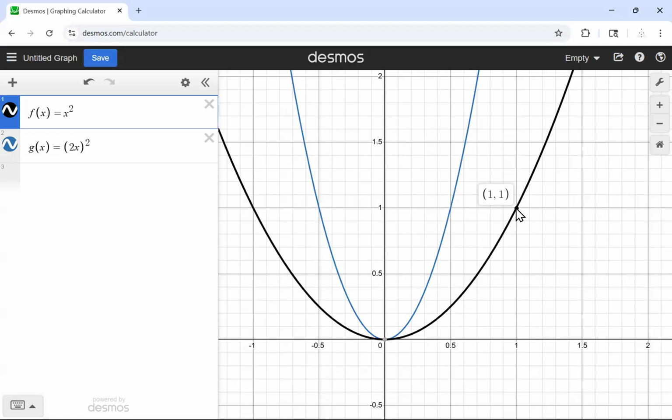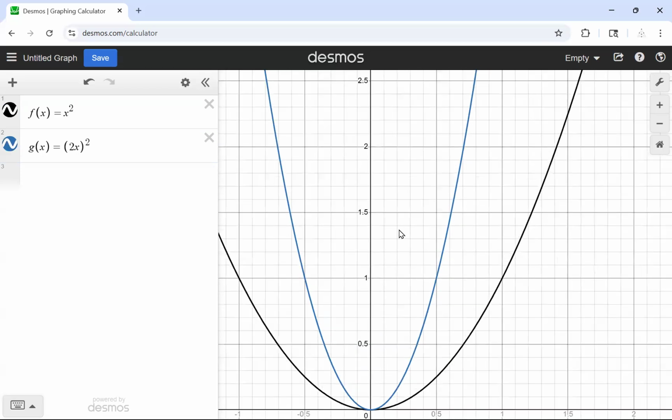Now my point 1, 1 has horizontally shrunk, so the x value has changed, and it's changed to the point 0.5 comma 1. So multiplying by 2 on the inside cut all of my x values in half. That's the way I think of it anyways.